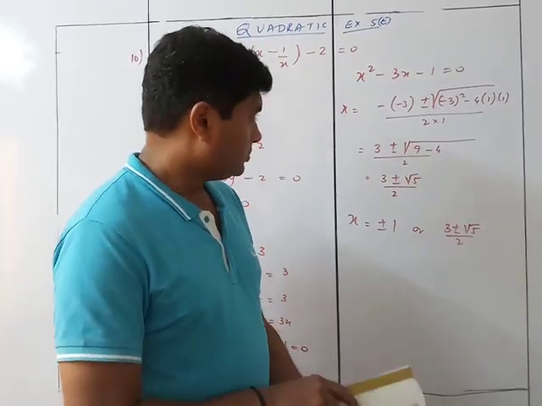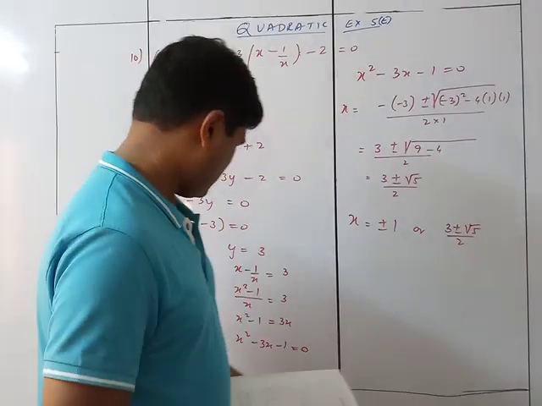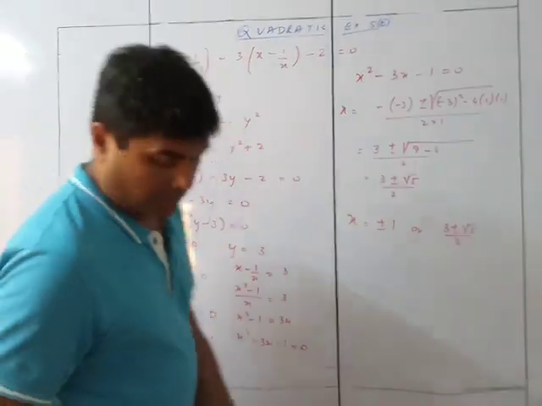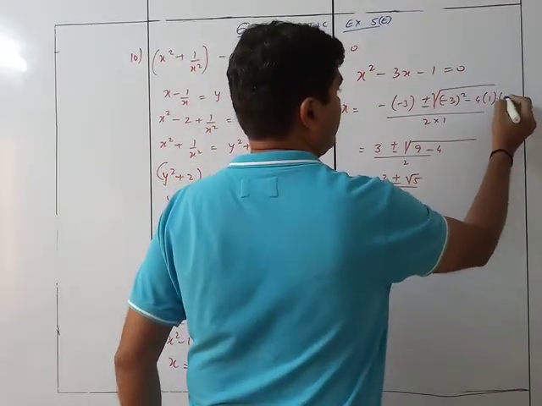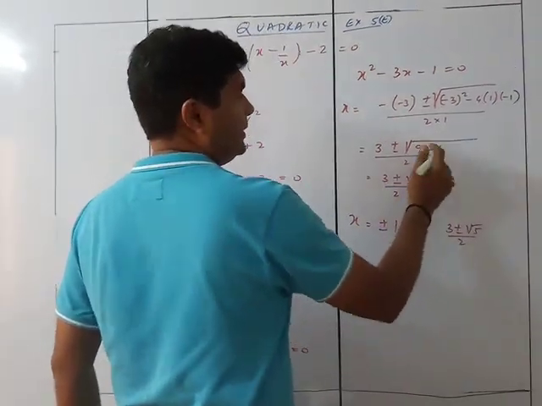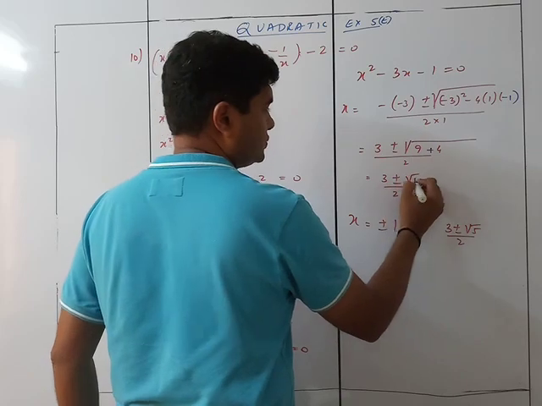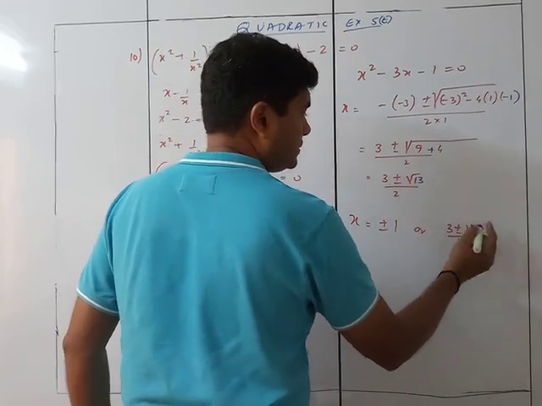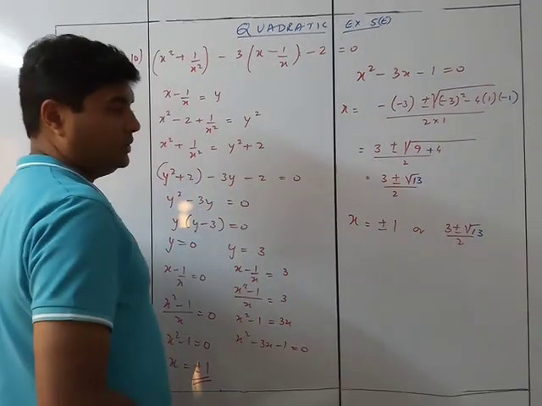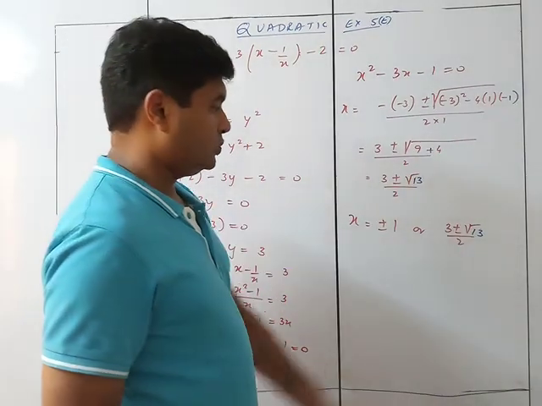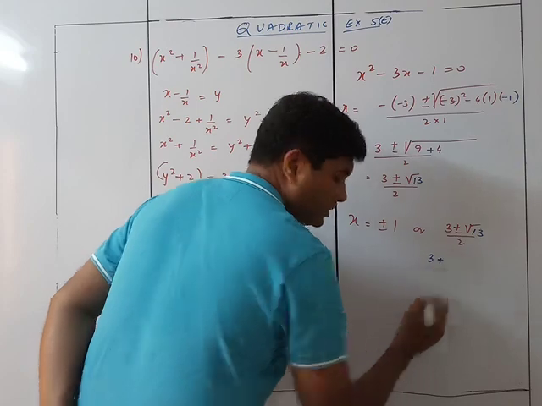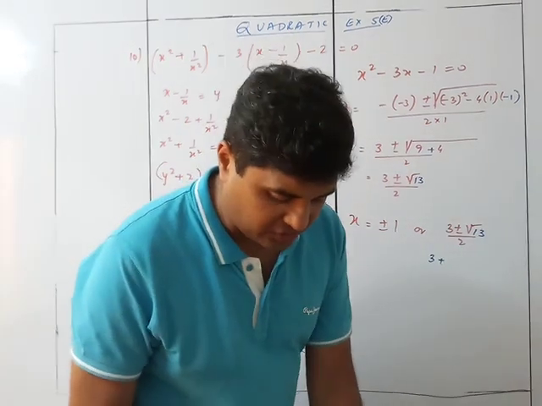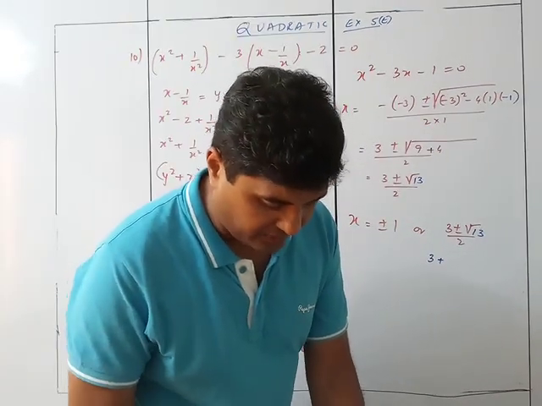Okay. One second. Here minus 1 is there, again I'm making mistakes, I don't know why. So this is 13, so the answer will be root 13. So 3 plus or minus root 13. If you want, we can make it, root 13 was 3.606 if I remember correctly from the last figure.